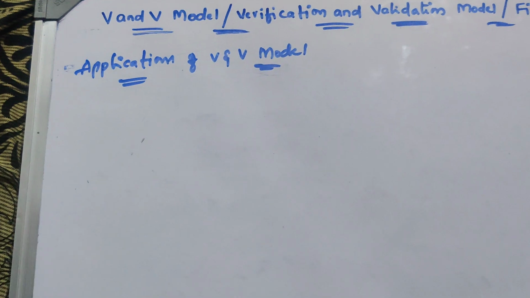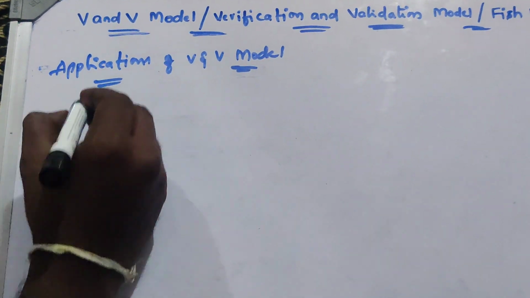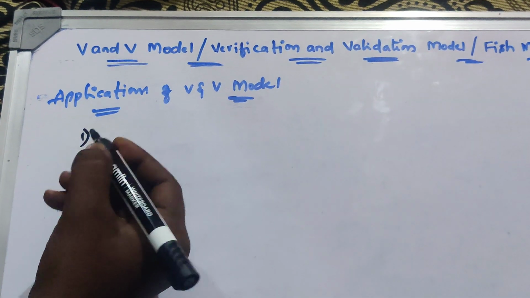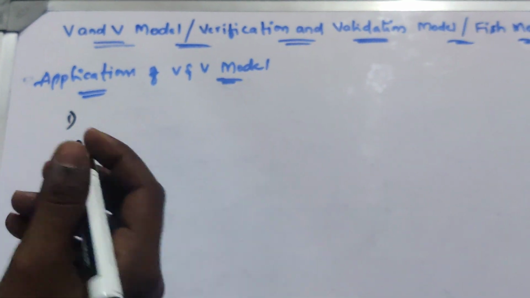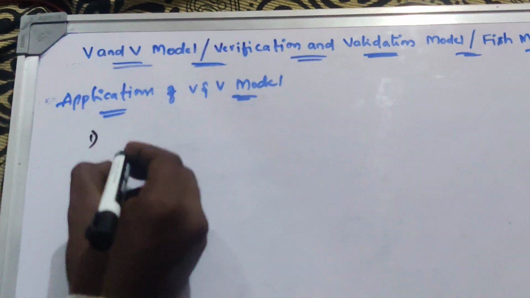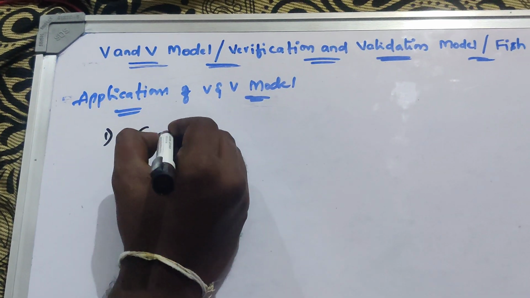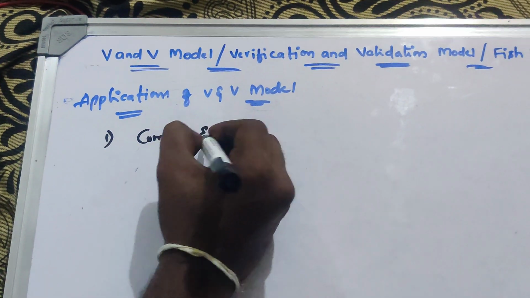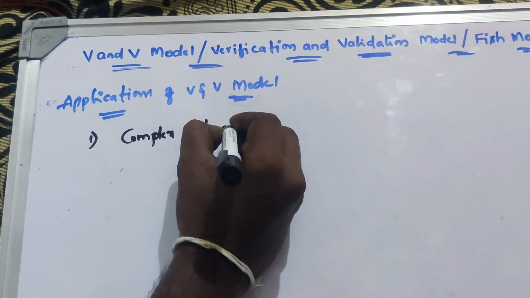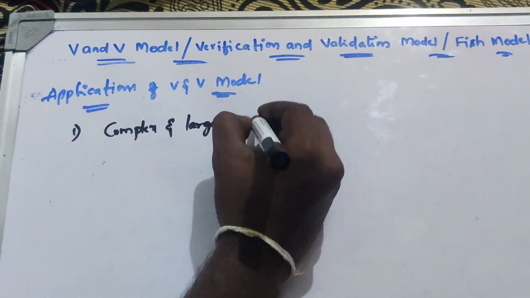Now we are going to see the applications of the VNV model. The first application is that whenever we are dealing with complex or large products, we go for the VNV model. Complex and large projects.